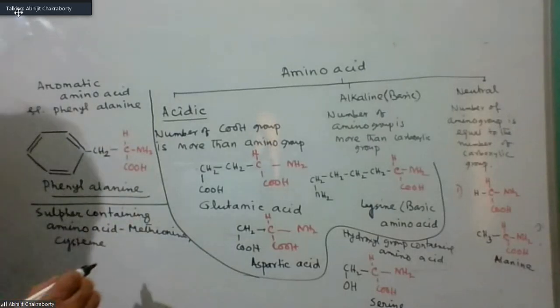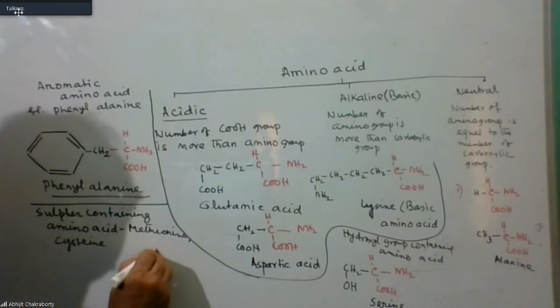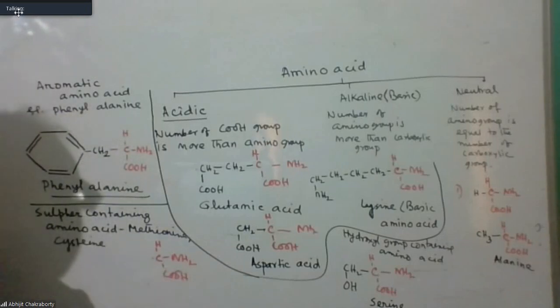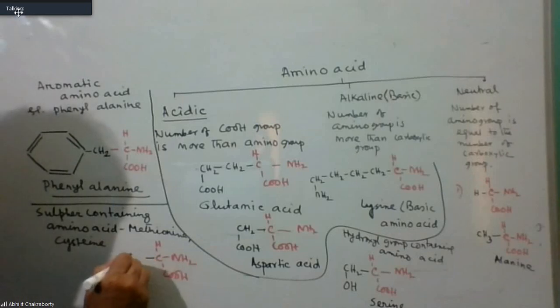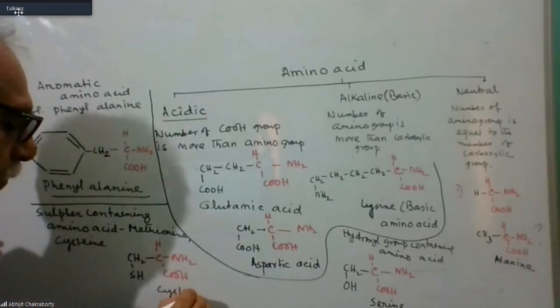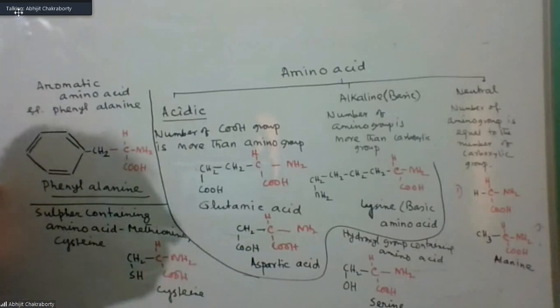Suppose in case of cysteine appears like this. This is cysteine. So in this way we can classify different amino acids. দেখা অবধি বুঝেছো কিনা?